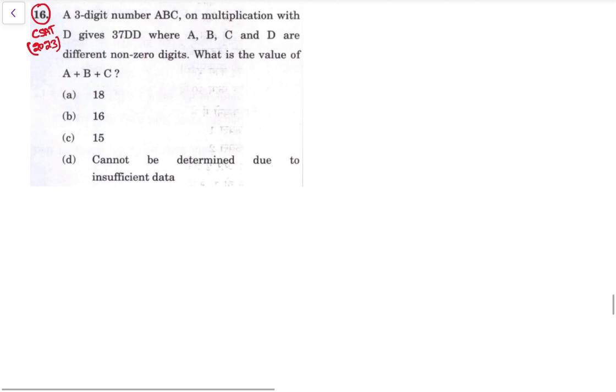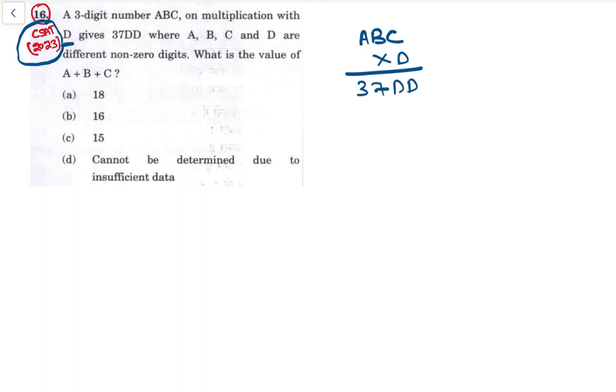So the next question was asked in CSAT 2023. A 3-digit number ABC, when multiplied by D, gives 37DD, where A, B, C and D are non-zero digits.